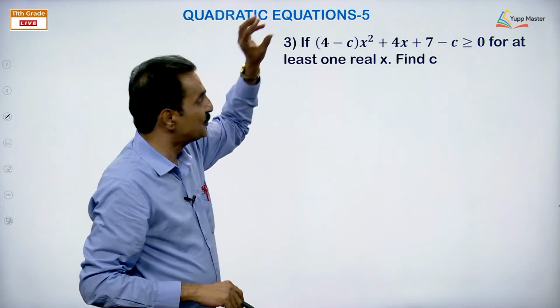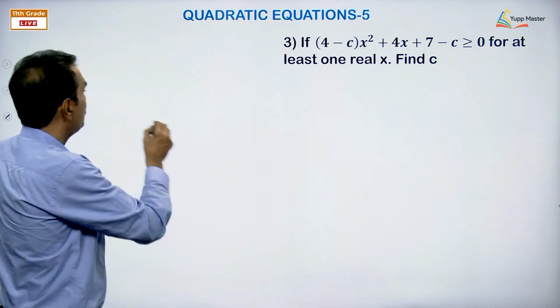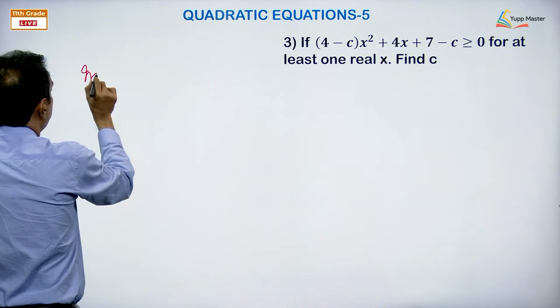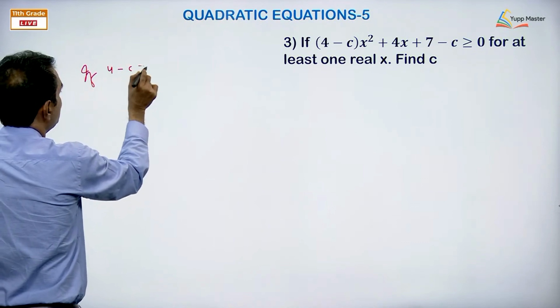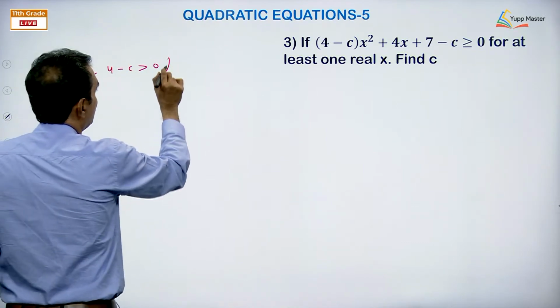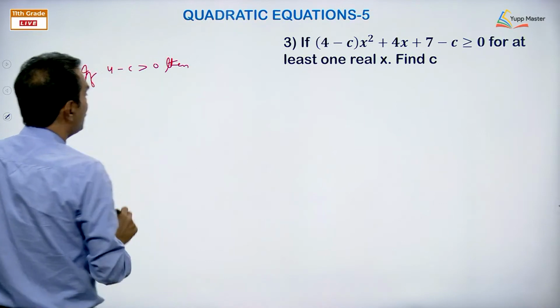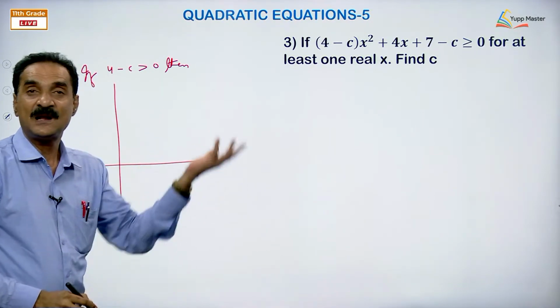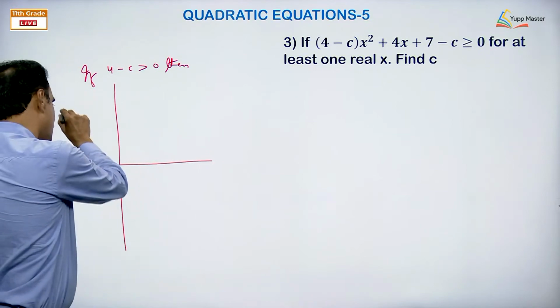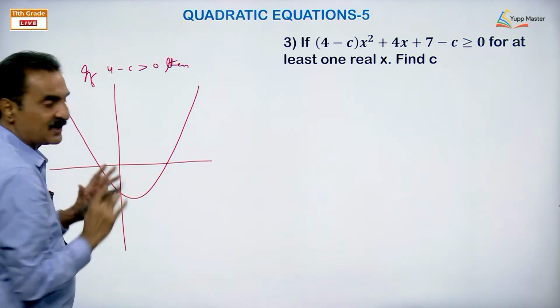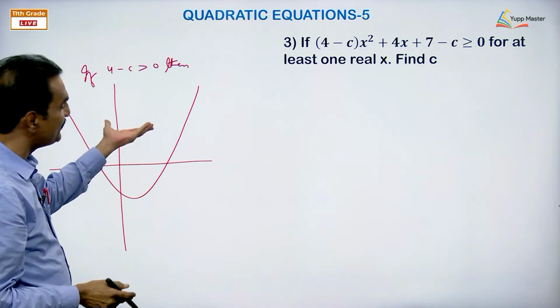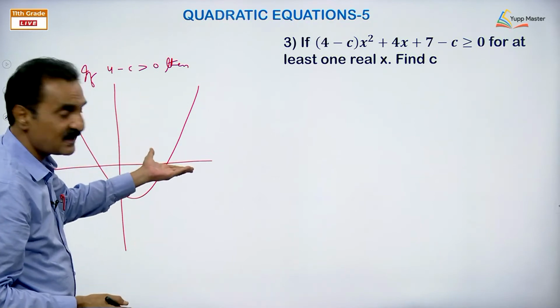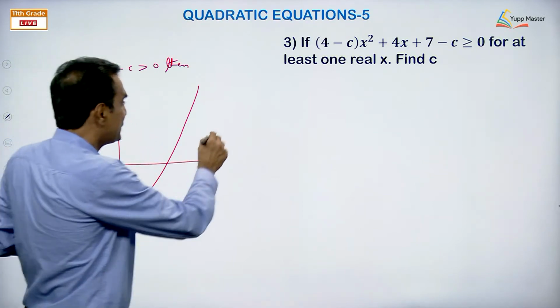If it is positive, if 4 minus c is positive, then how will the graph be? The graph is an upward parabola. It may be at any position. It may intersect the x-axis or may be above the x-axis or may touch the x-axis.